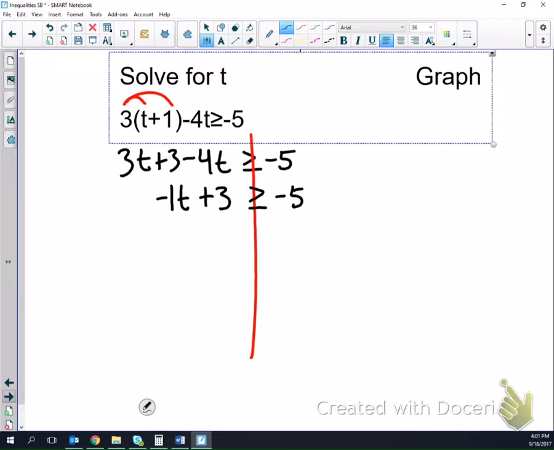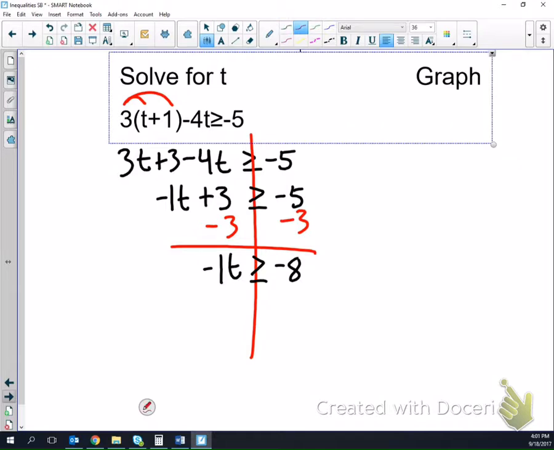All right, now first let's go ahead and try and get t alone. So let's subtract that 3 on both sides, and I'm going to have -1t is greater than or equal to -8. But I don't care about what -t is greater than. I want to know what positive t is greater than or less than.